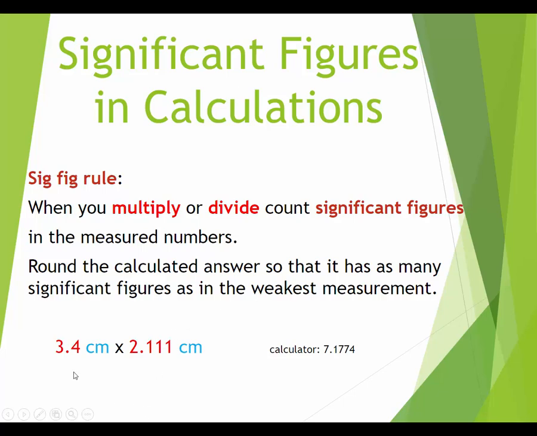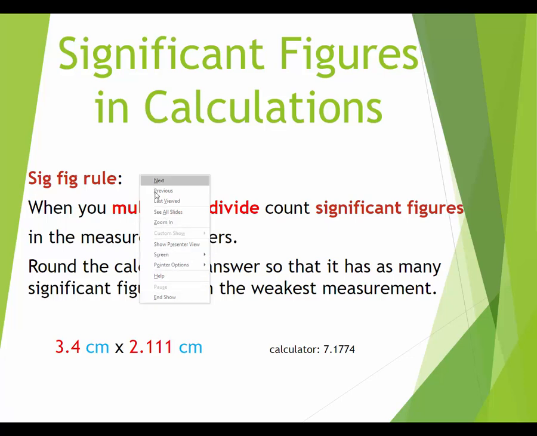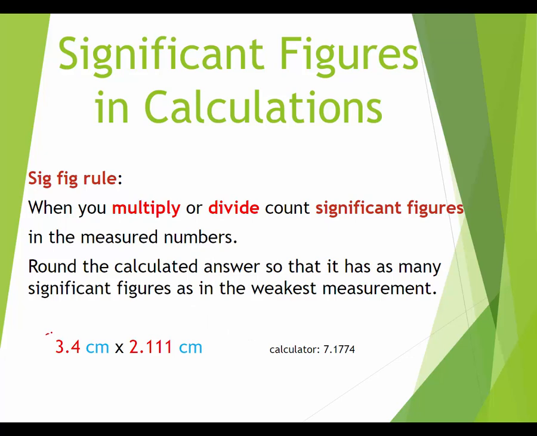Example. Here I multiply 3.4 centimeter by 2.111 centimeter. My answer will have the unit centimeter squared, because I treat the centimeter like an x. Now, what about significant figures? Let me grab a pen. Here we go. 2 significant figures here and 4 significant figures there.